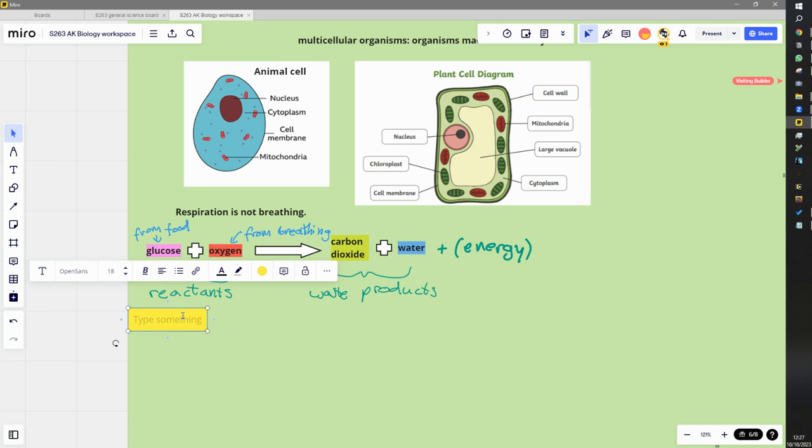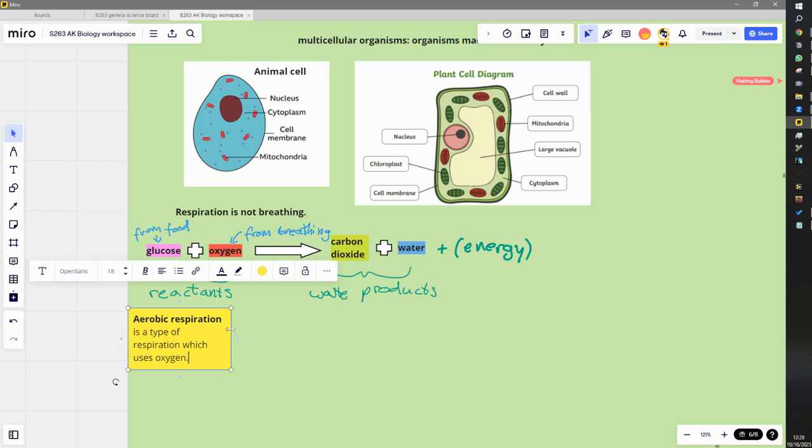Right, so this one was aerobic respiration. And if I write that into a full sentence, aerobic respiration is a type of respiration which uses oxygen.